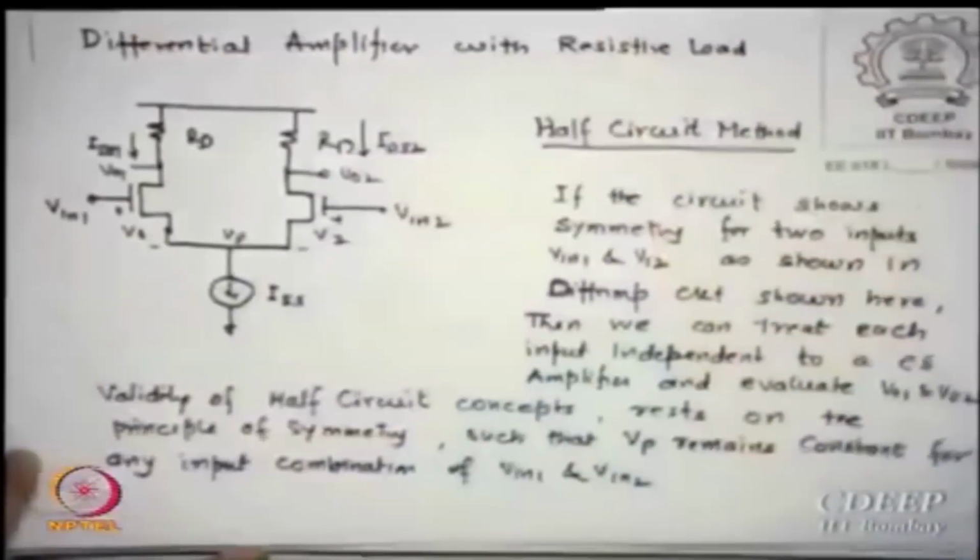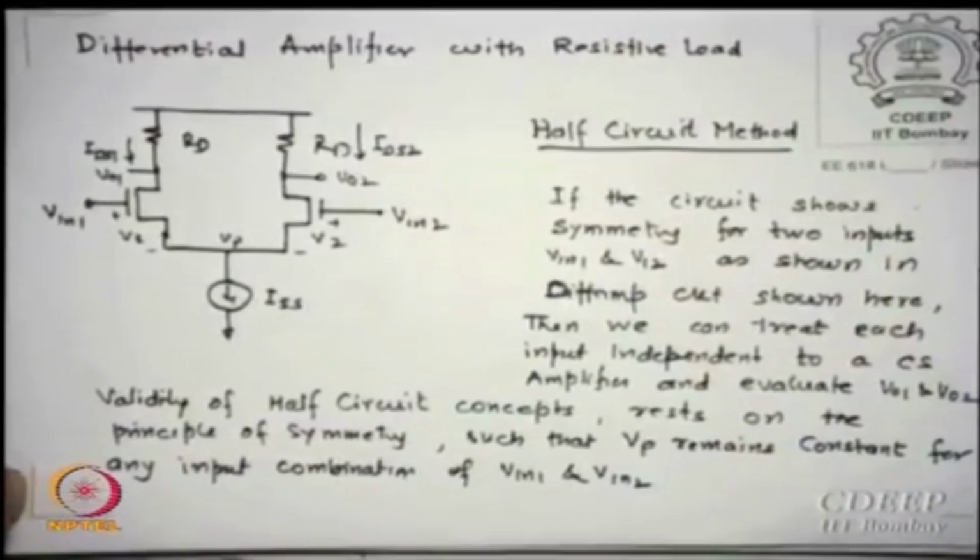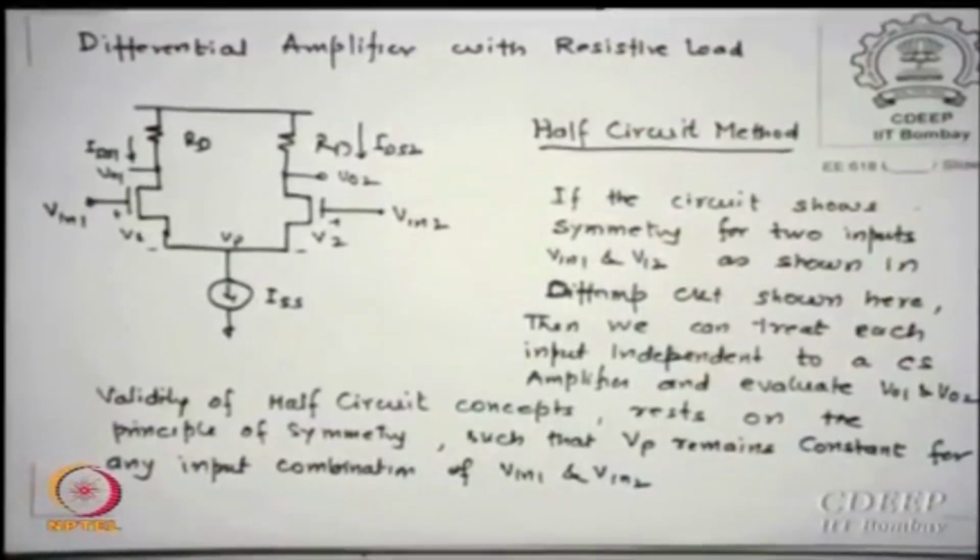There is a very interesting method which gives a little interesting thought, and therefore it has been shown. It is called the half circuit method. It essentially says that if your system is differential, what is the differential definition? I repeat: if one input changes by a plus value, the other input must go minus of that by the same value.